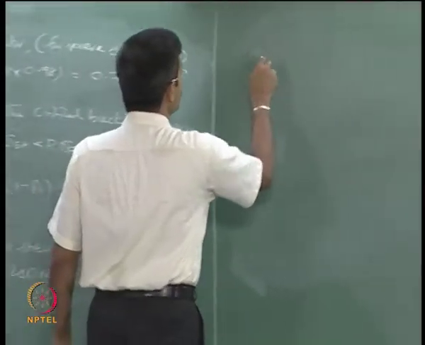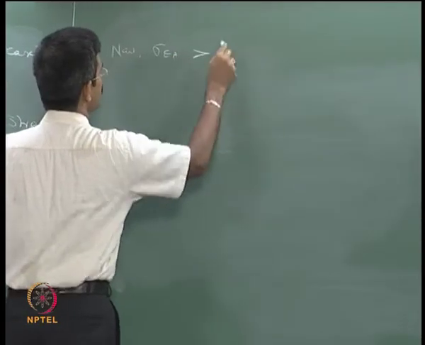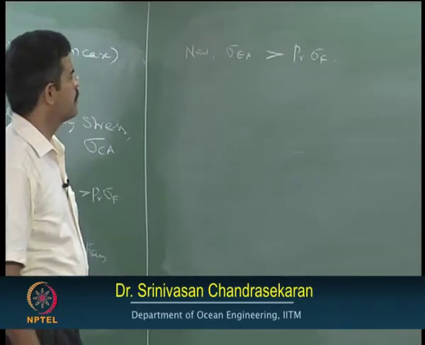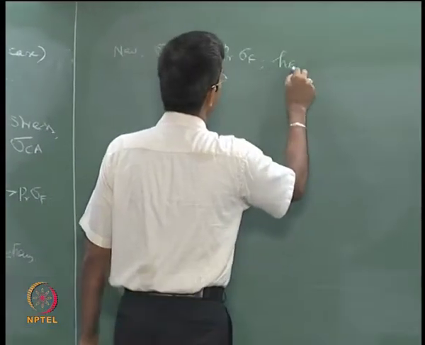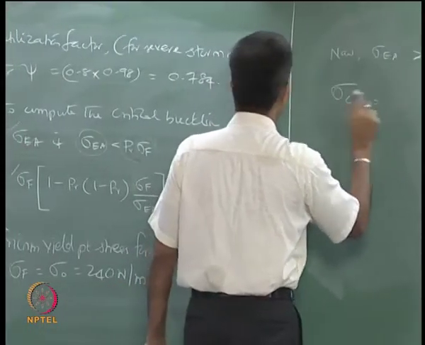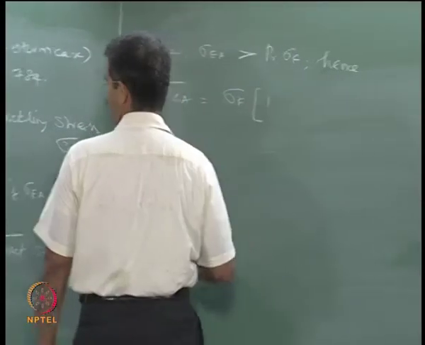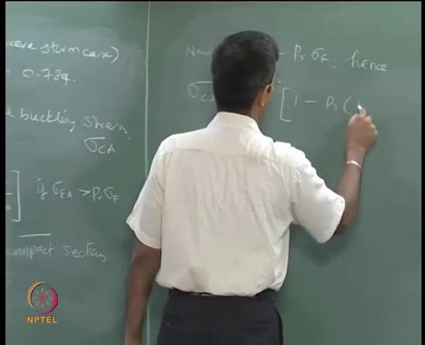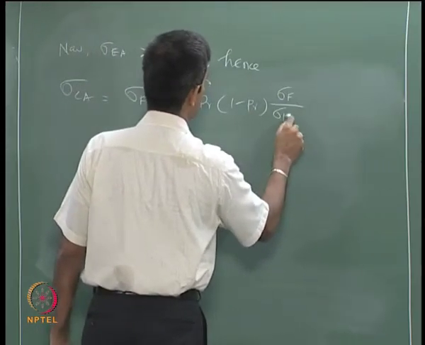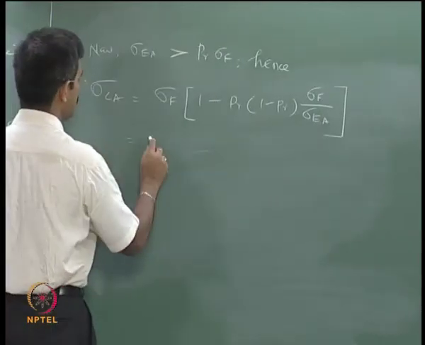Now, you will know that sigma Ea will be much greater than PR into sigma F, and hence sigma Ca will be given by the second expression, which is sigma F of 1 minus PR of sigma F by sigma Ea. So, let us substitute these values back and compute.